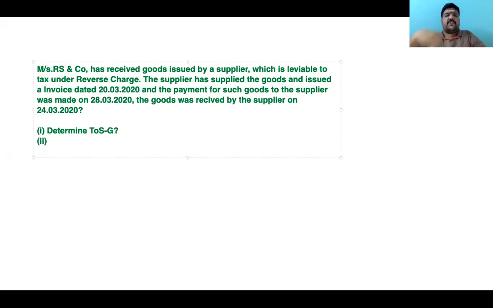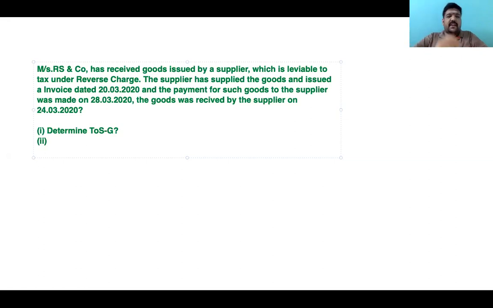Of these 3, whichever is earlier: date of receipt of goods, date of payment to the supplier, or 30 days from date of issue of invoice by supplier. In other words, 31st day from date of issue.